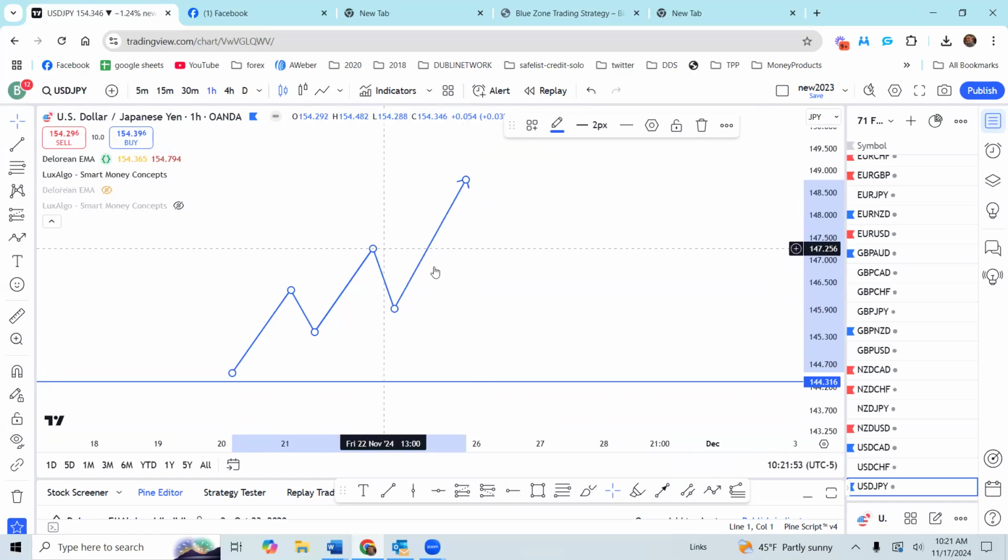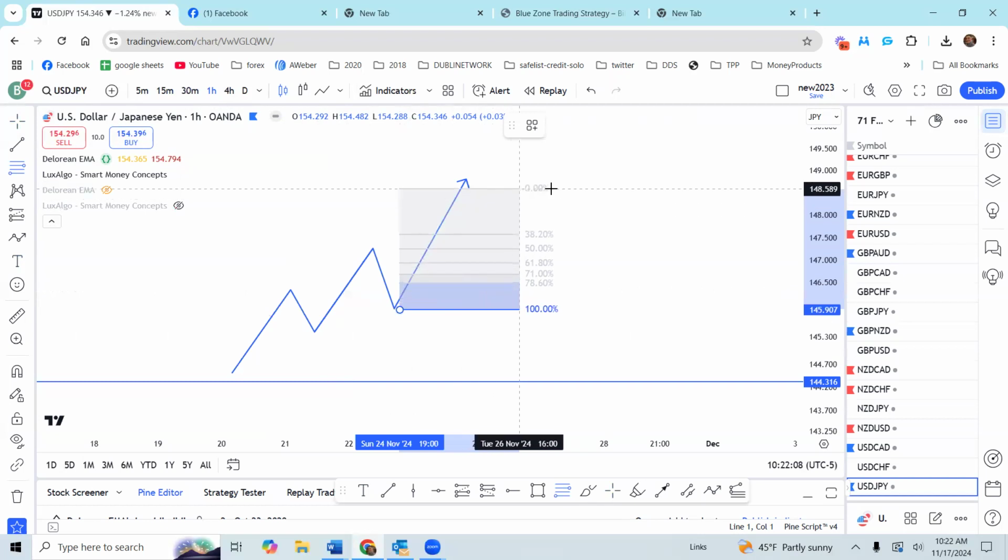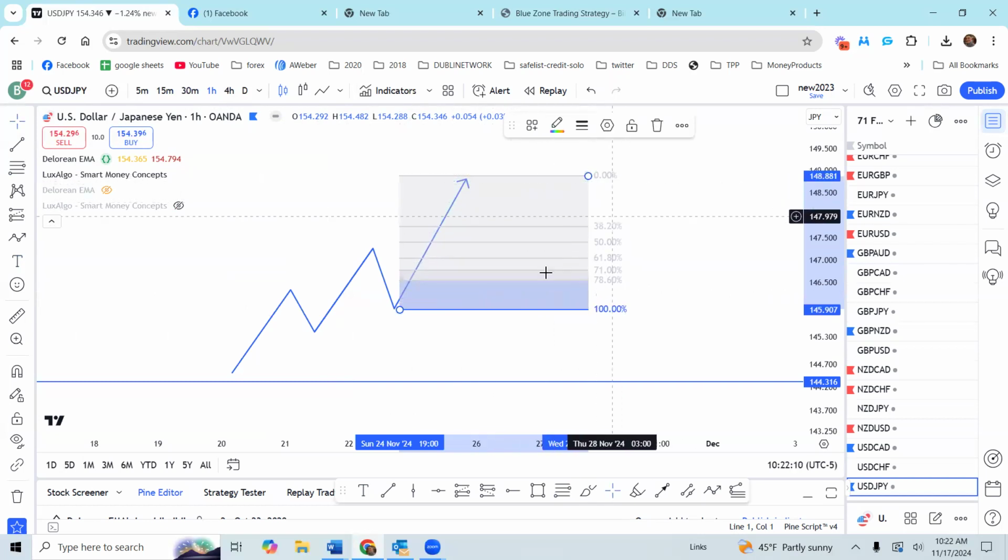Say we're on the 4 hour time frame here. We draw our fib zone from here to here, and then we wait for price to come back to our 78.6, which is our blue zone.